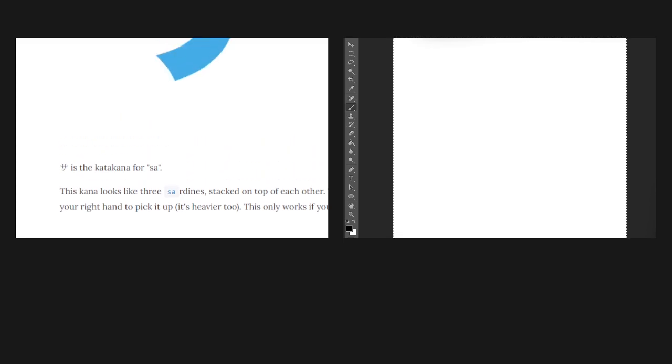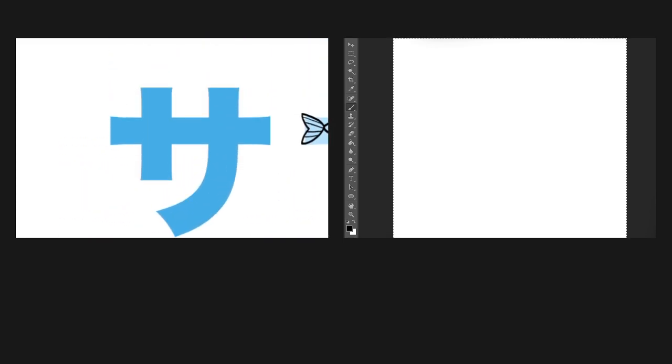Oh, of course I'm wrong. Well, that probably doesn't help. That's probably even more confusing. This was sa. Oh, God. Wait, so se... This is in hiragana. Oh my God. See, if you've been practicing for the last 2 minutes with me, you probably got really confused just now. So in hiragana, this is se. But in katakana, this is sa.